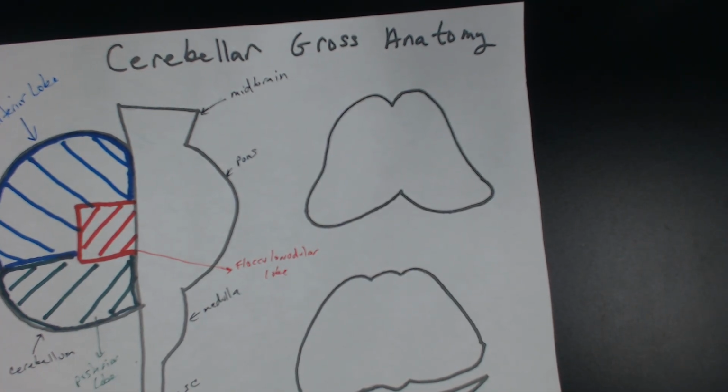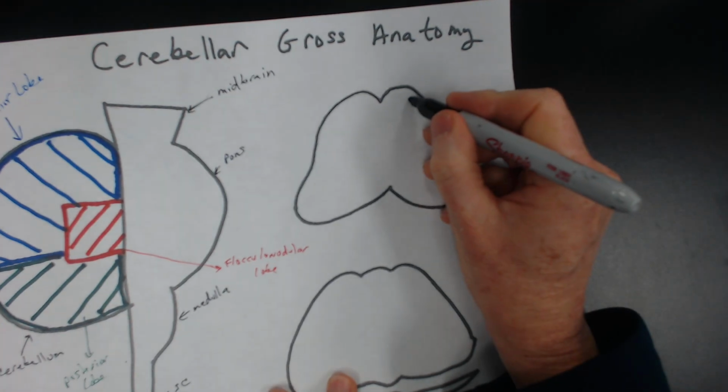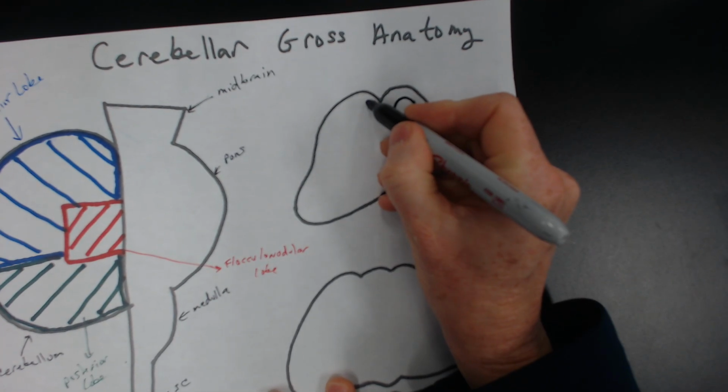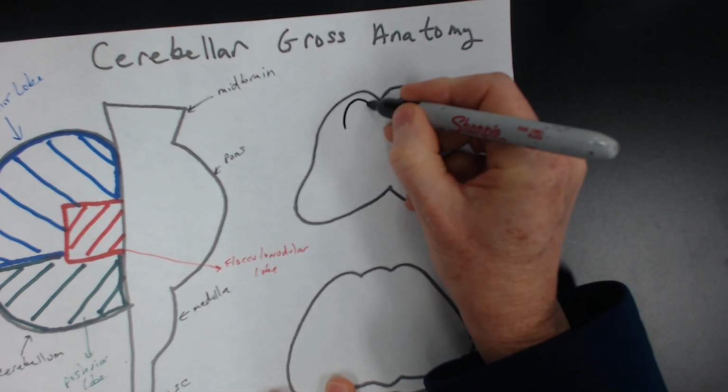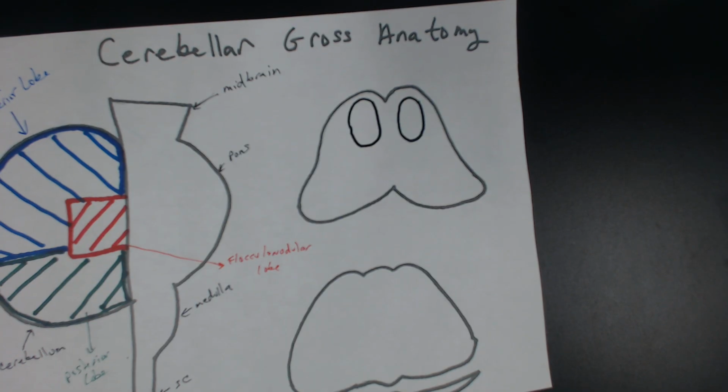Okay, the topmost picture, if I had to draw in, this is a large white matter corridor that is going to connect the pons with the cerebellum. Here's where white matter is going to go through.